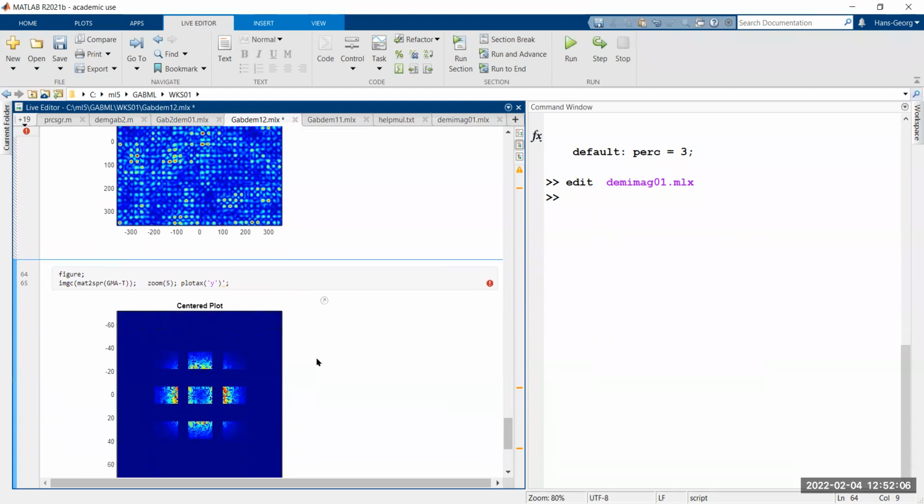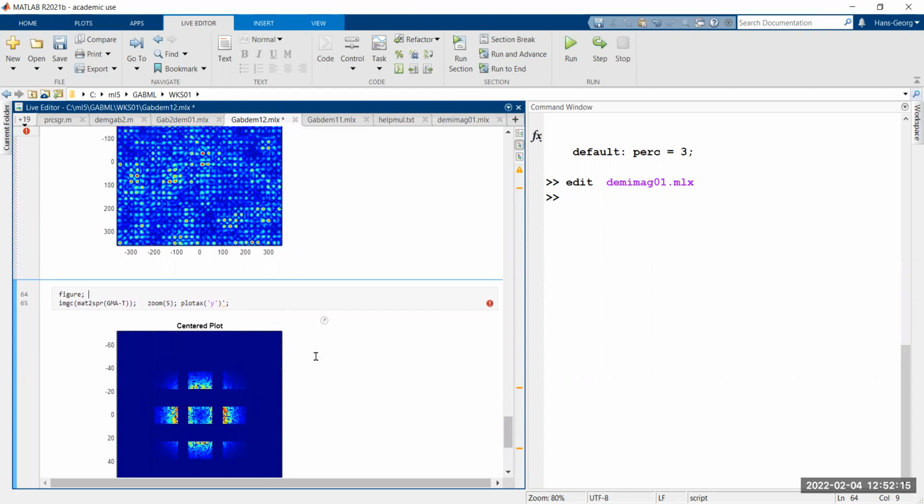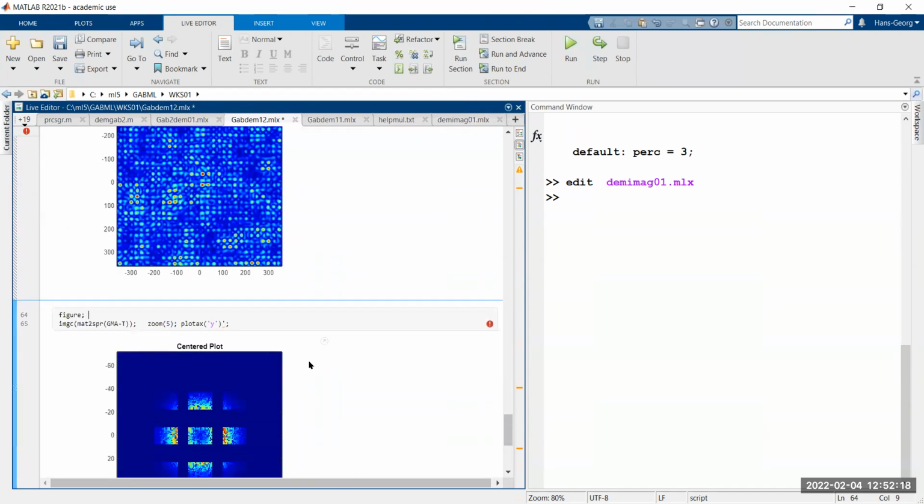Okay, so I think, what were the a and the b?